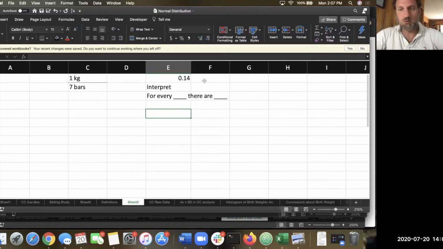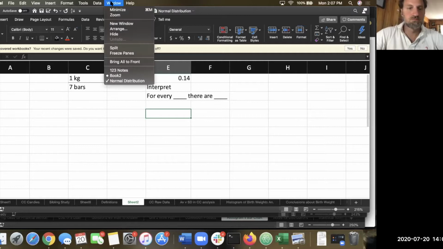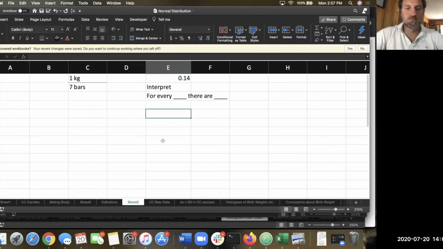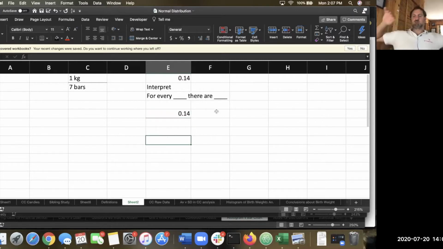What does that 0.14 mean? Remember the steps to interpret? Or is that so long ago that it's all gone?